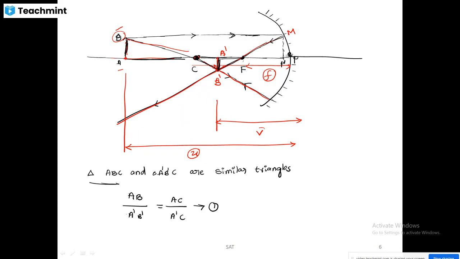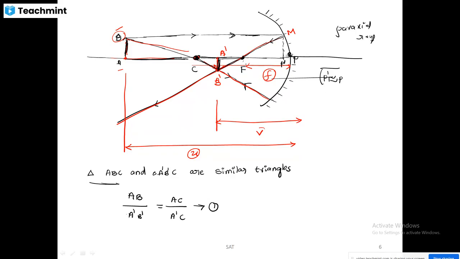Paraxial rays means rays which are near to the principal axis. That's why I can write P dash is approximately equal to P. Because paraxial rays means all rays are very close to each other, so P dash is equal to P.